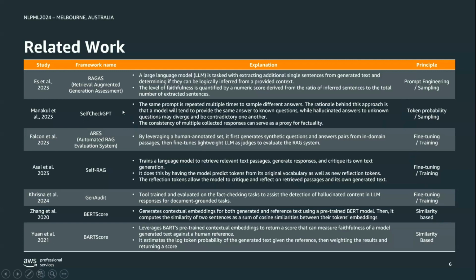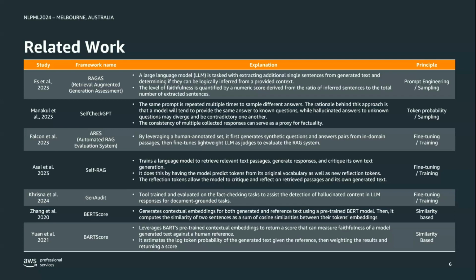SelfCheckGPT basically uses the output probability associated to the autoregressive model, so the output probability of each token, to assess whether the answer might be hallucinated or not.